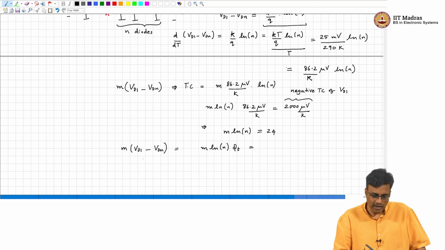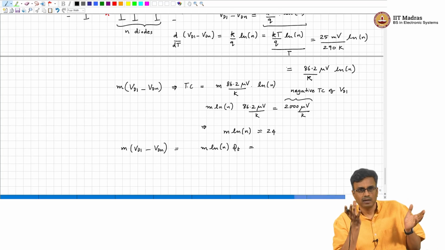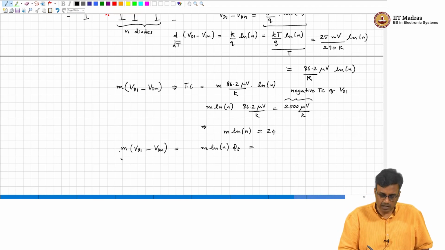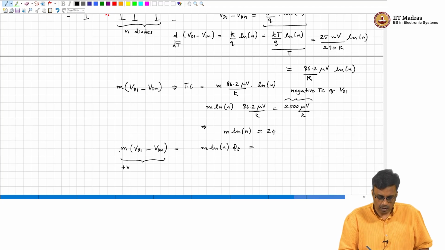Right. So basically, Vd1 minus Vdn is phi t ln n, correct? We are multiplying that by m, and we just concluded that this expression must have a positive temperature coefficient of 2 millivolt per Kelvin, correct?